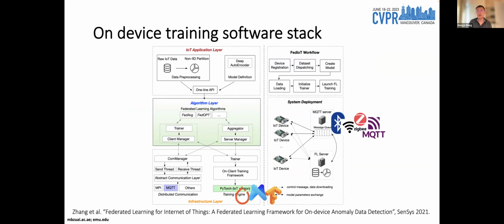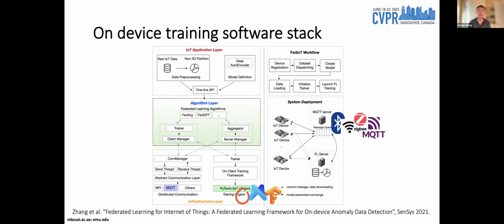Taking them into the federated learning framework, there is a paper called Federated Learning for IoT devices. On the on-device training side, they just use PyTorch, or it can easily be modified to support TensorFlow Lite and the MNN software stack. And we also need to handle the communication for model averaging and synchronization.